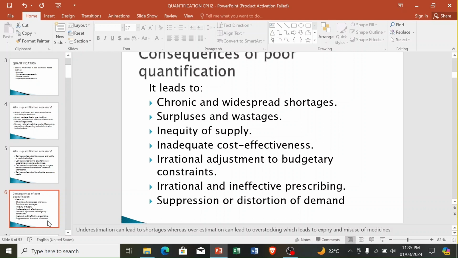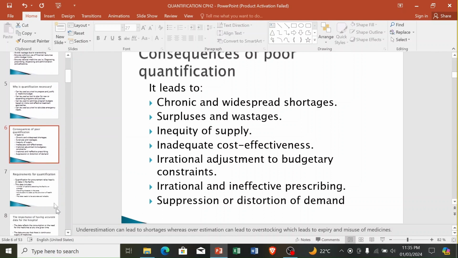And then there will be polypharmacy, having so many drugs doing the same work, being given for the same condition, yet one of them would still do the same thing. That is polypharmacy. We shall also have suppression or distortion of demand. So those are the consequences.